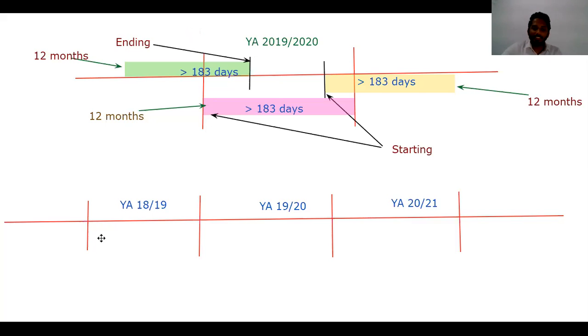In this year, he has come, and again during the year itself, 2018/19, he again arrived in Sri Lanka on November 11, and the date of departure is December 20th. Then the 40 days again, I am counting. In this year, 40 days.